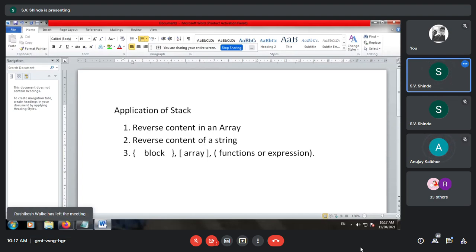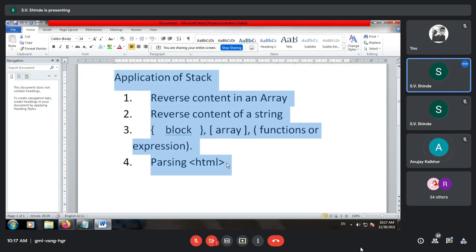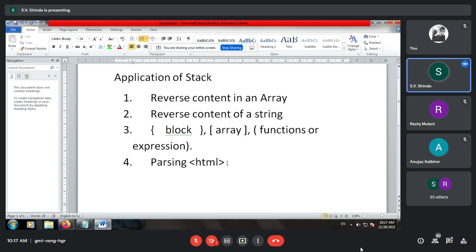What is parsing? Let me give some examples. For example, in HTML there is a syntax that an HTML tag must be completed by a closing HTML tag.